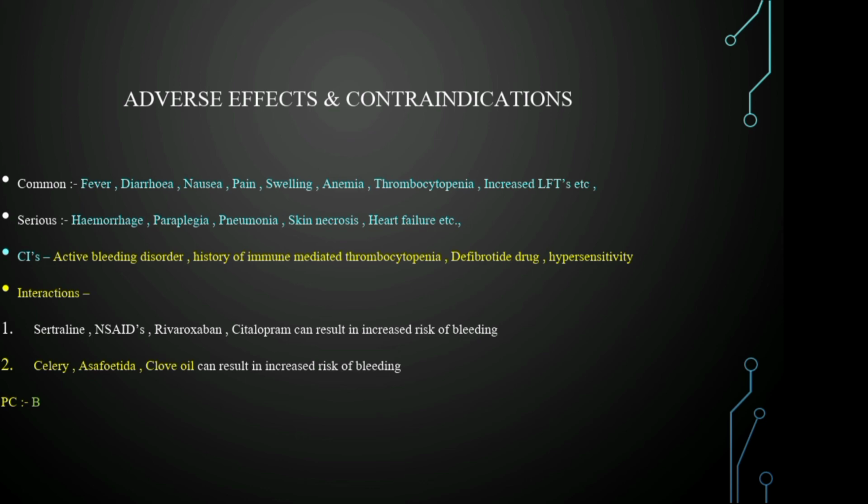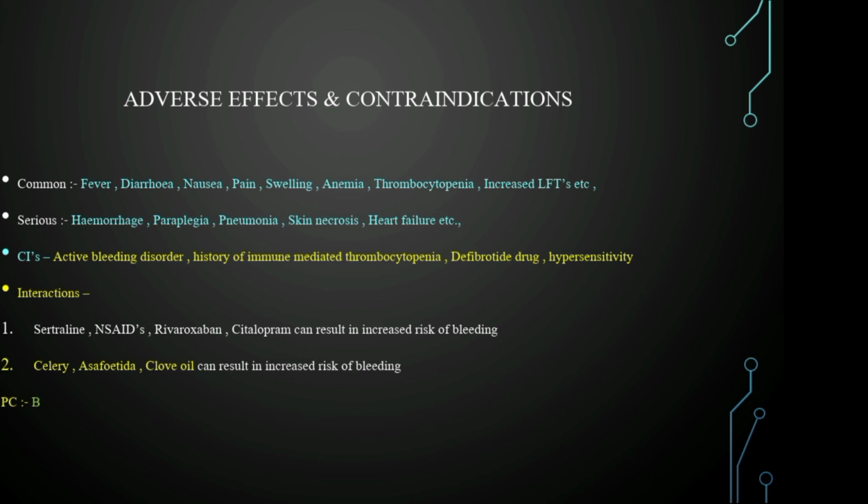And when coming to food interactions, asafoetida means hing, which we use in our cooking, clove oil, and also celery, which is used in our salads. Clove oil is also mostly used in dressing and in some kinds of medicines. This can also result in an increased risk of bleeding.